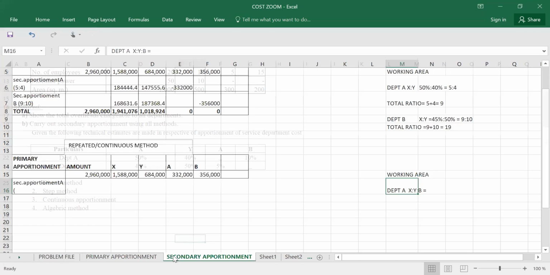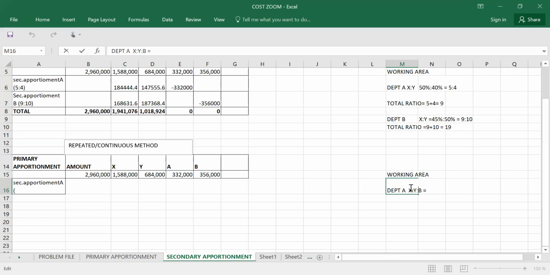So we're saying that it is distributing in the ratio of 50%, 40%, and 10%. This will basically tell us that it is now reducing by 10 all over. See that you're getting 5 to 4 to 1.